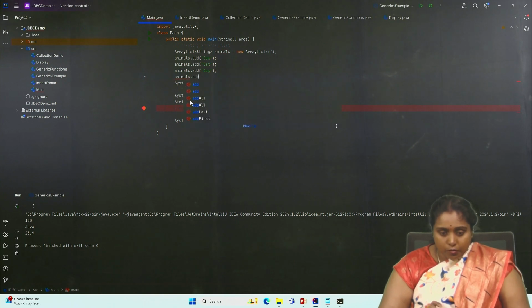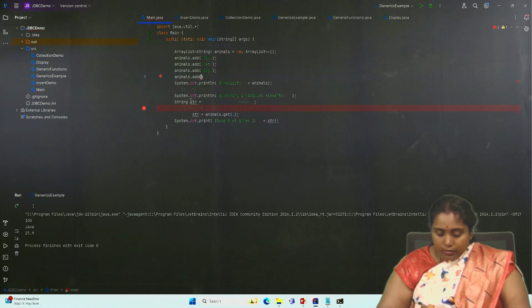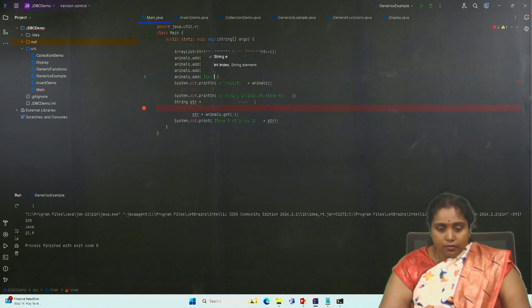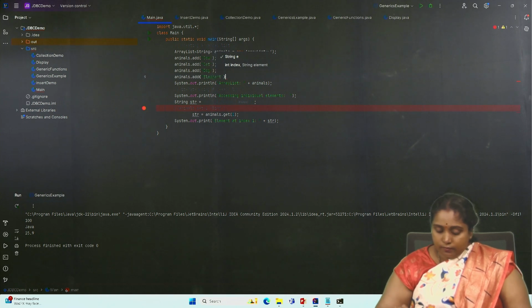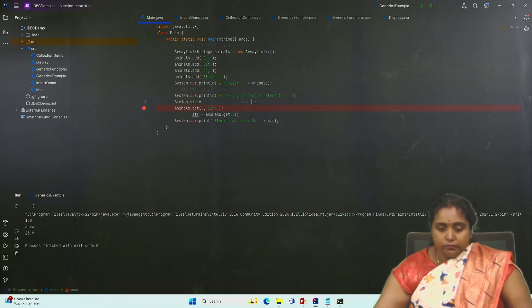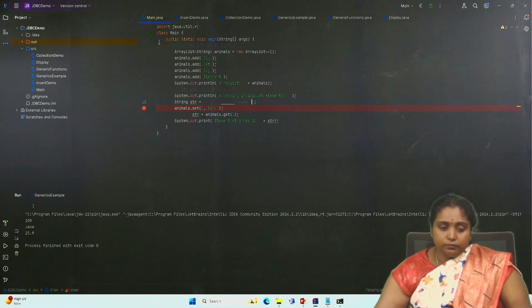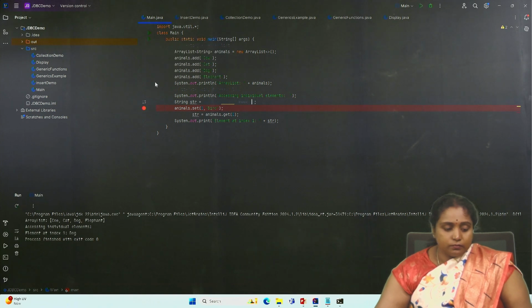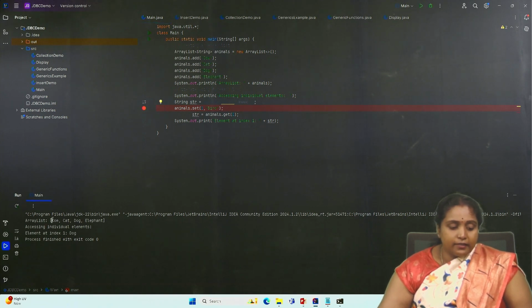I just want to add one more element. So the ArrayList consists of cat, cow, cat, dog and elephant.